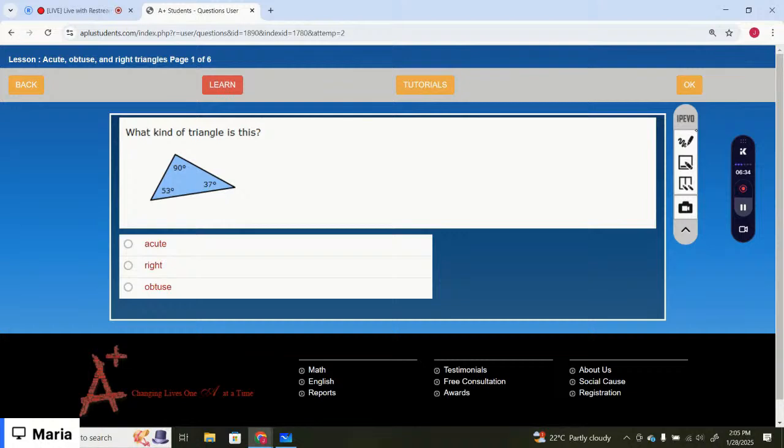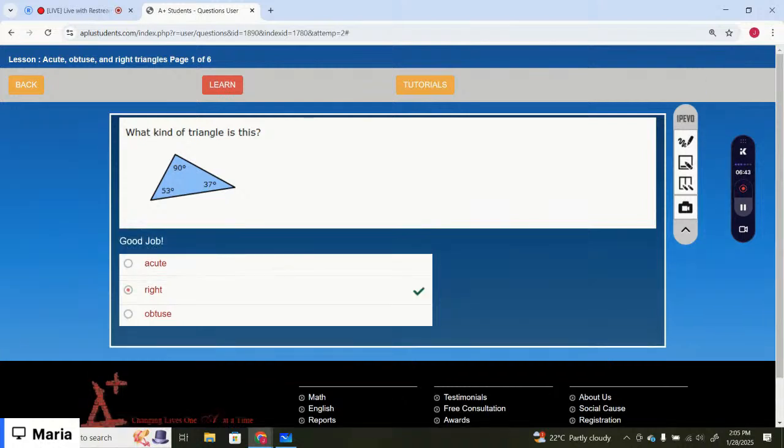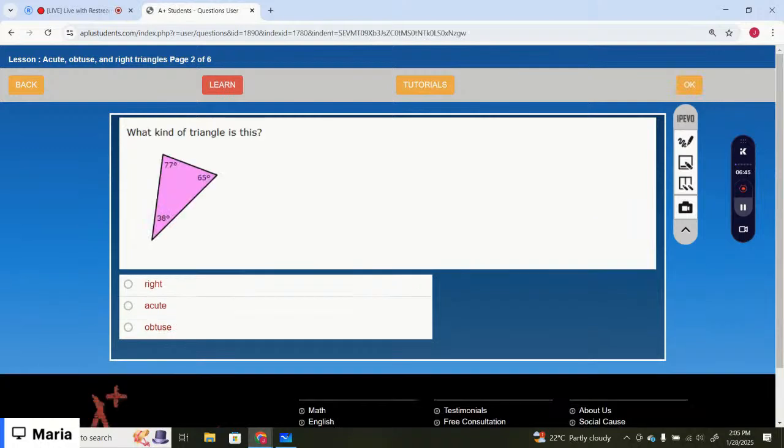The given triangle has an angle of exactly 90 degrees. That is the right triangle. Option number 2 is the correct option. The given triangle is a right triangle.